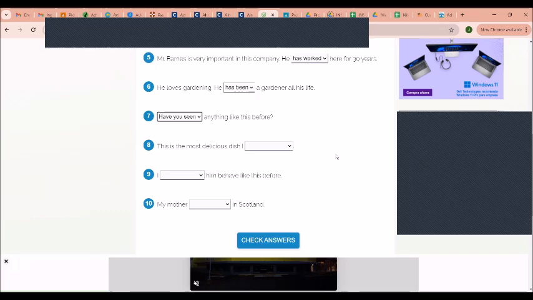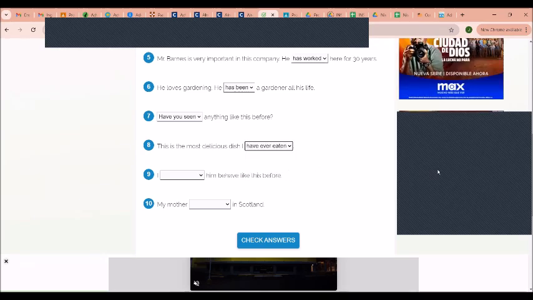Then Valentina, number 8. This is the most delicious dish I have ever eaten. Experiences in life. Okay. One more time. This is the most delicious dish I have ever eaten. All right.